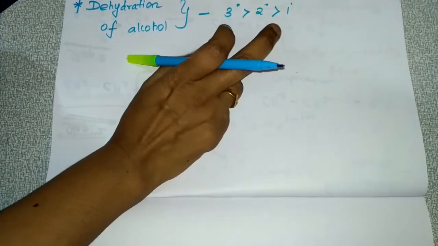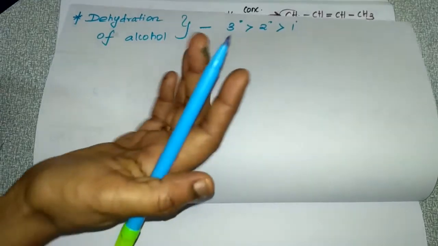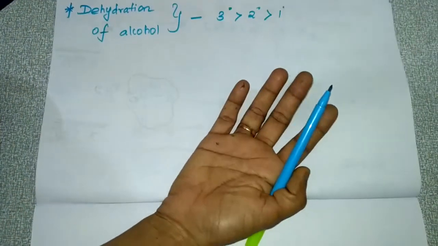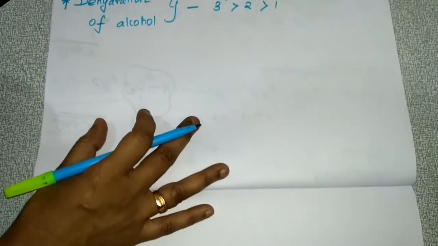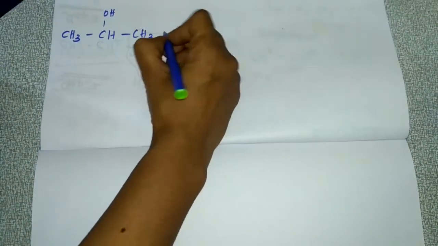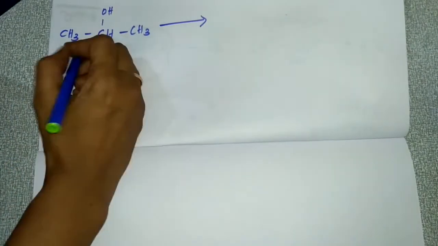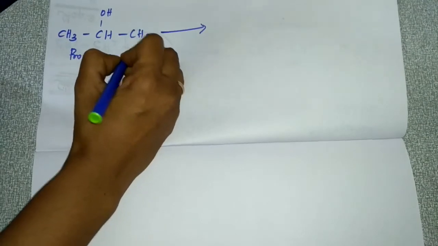Okay, and if you take secondary and tertiary alcohols, under mild conditions itself you can remove water. See, for example, if you are taking CH3, CHOH, CH3, okay, so this is propan-2-ol.